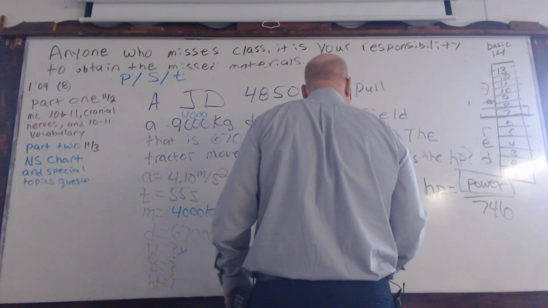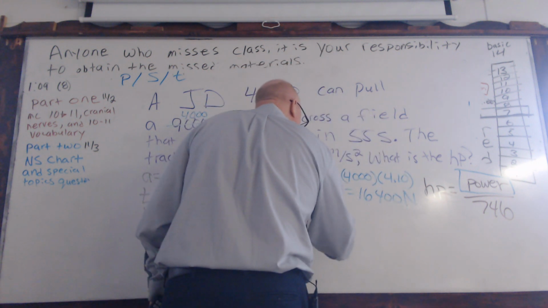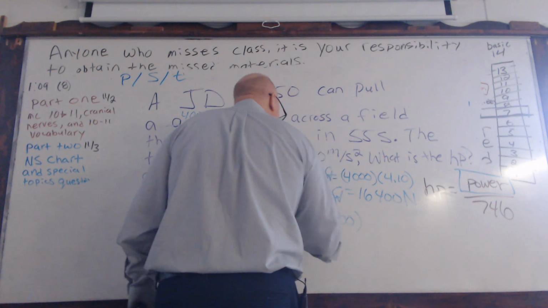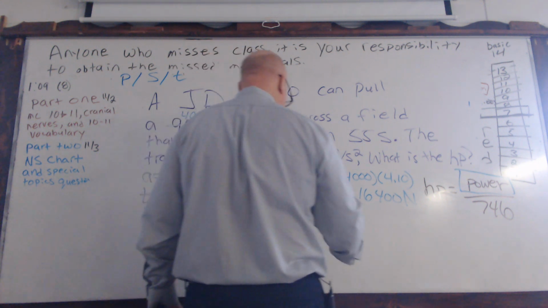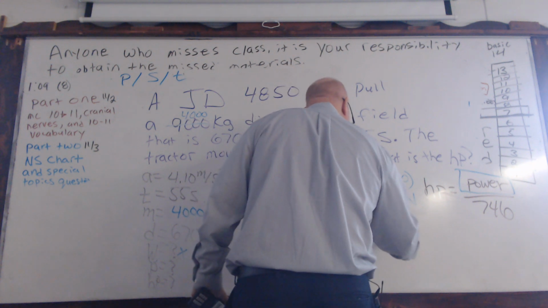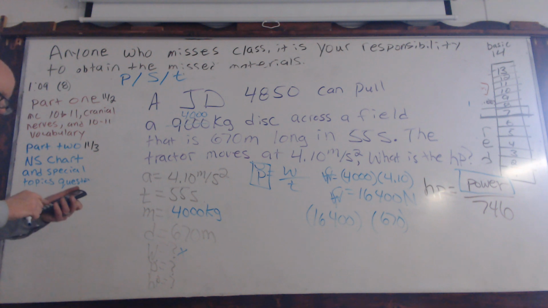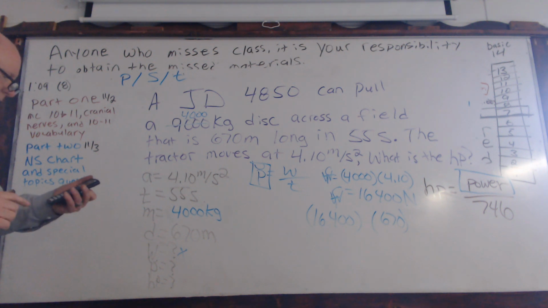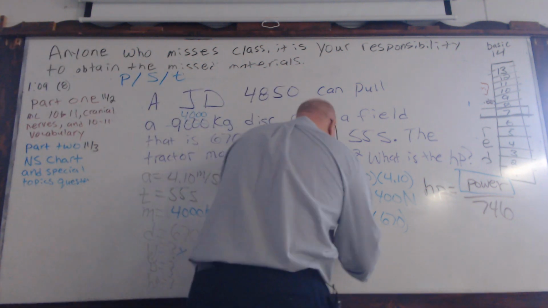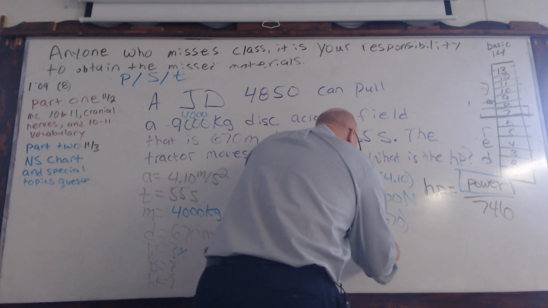Okay, so now that we have our force, 16,400, now we can take that times our distance, which was 670. So 16,400, that's our force times our distance, 670. It is a big number.